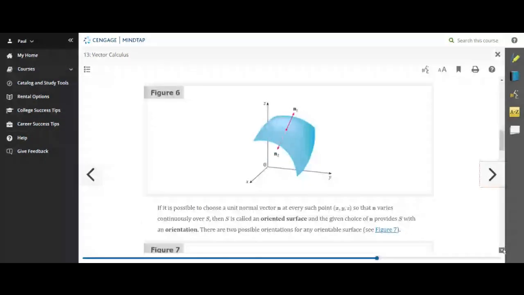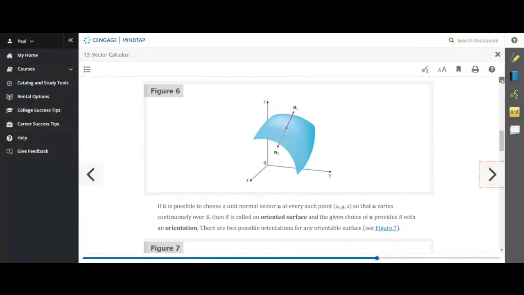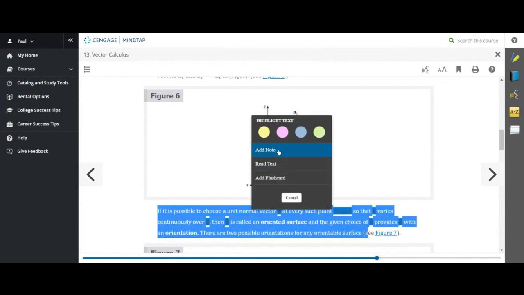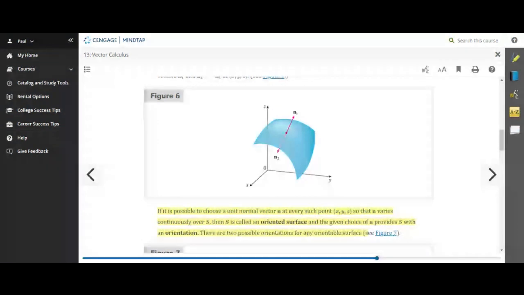You see here in figure 6, if it's possible to choose a unit normal vector, n, at every point such that n varies continually over the surface, then we call the surface S an oriented surface.